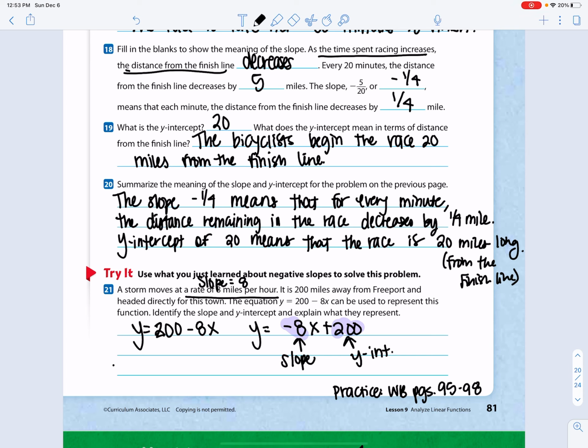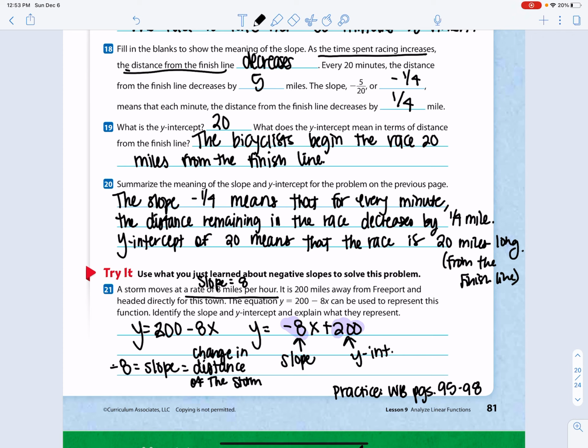The slope, -8, represents the change in distance of the storm from Freeport, while the 200 is our y-intercept, and it represents the current distance of the storm.